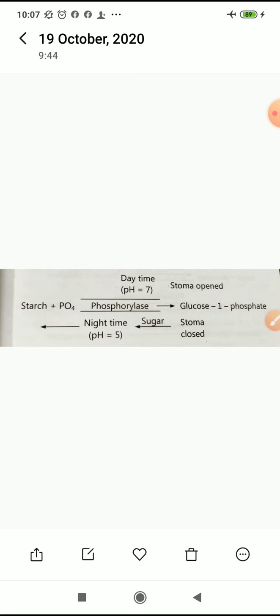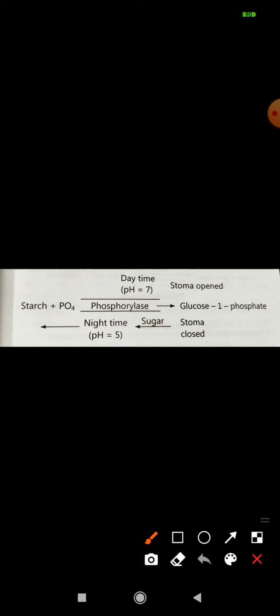Thus, sugar to starch and starch to sugar conversion, these two things, as shown here, are pH dependent processes and also temperature dependent processes.